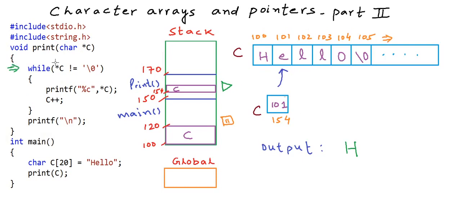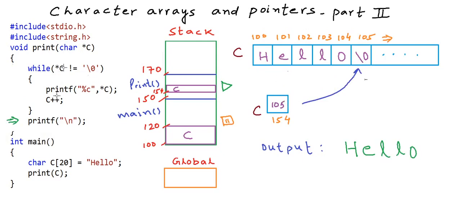And once again we come to verifying this condition in the while loop. Asterisk c is E here, it's not null. Once again we will go inside the loop and print E, and we will keep on going like this till the address in this pointer variable reaches 105. Now here the value at this particular address is the null character, so the loop will not execute.